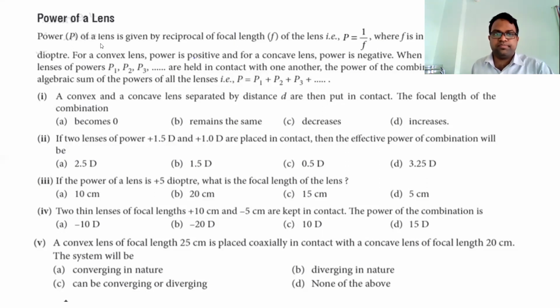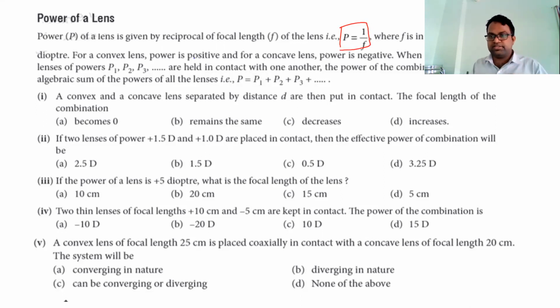The question says power of a lens is given by, you know that the formula is given here in the paragraph, and it is P equal to 1 by f if it is a single lens.